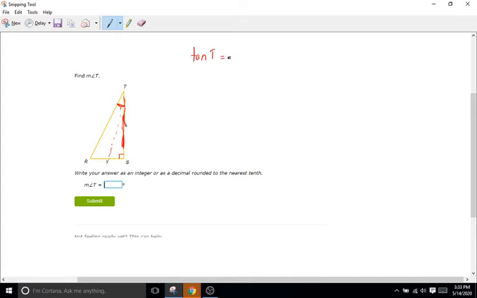Tangent of T equals the opposite over the adjacent, right? So we are going to use tangent. So we'll be using tangent of T equaling opposite is 3, while the adjacent is 6, or just 1/2. Okay, so tangent of T is 1/2. And from here, you can use arctangent to figure out what that degree value is going to be.